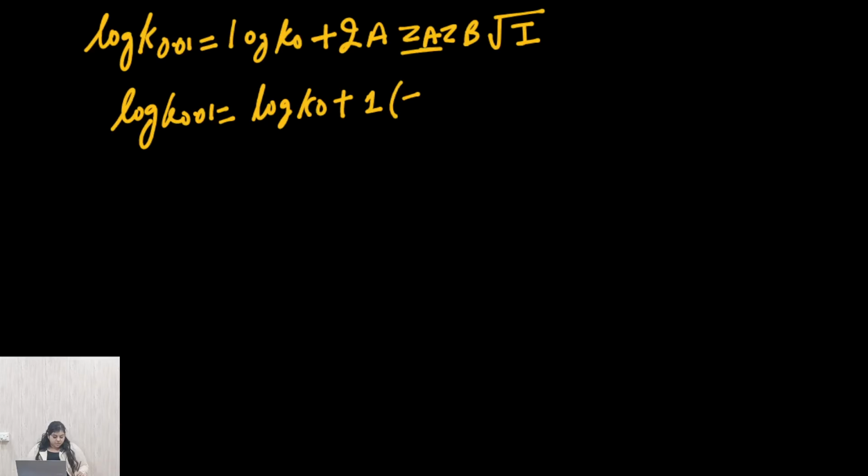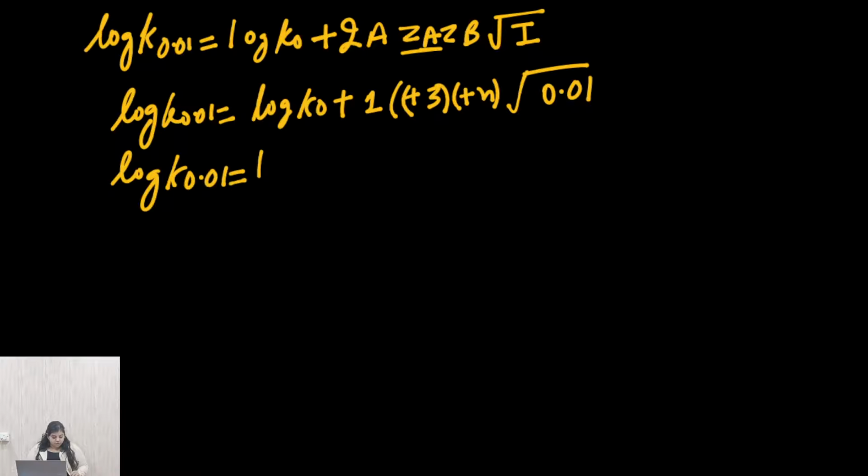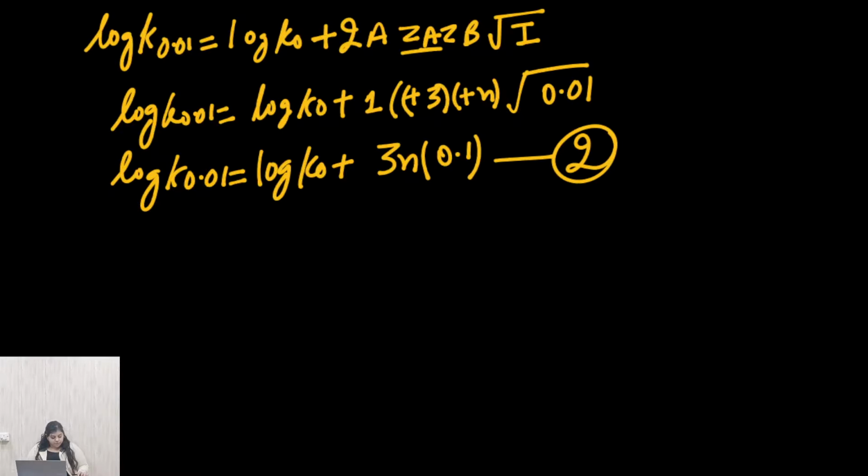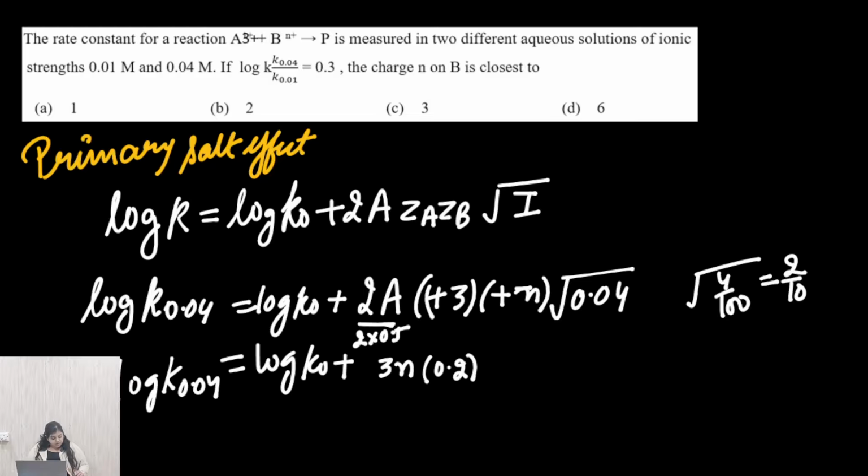ZA, ZB charges are plus 3 and plus n. This time the ionic strength is 0.01, so log of K of 0.01 equals log of K naught plus 3n into 0.1. This expression you are getting.